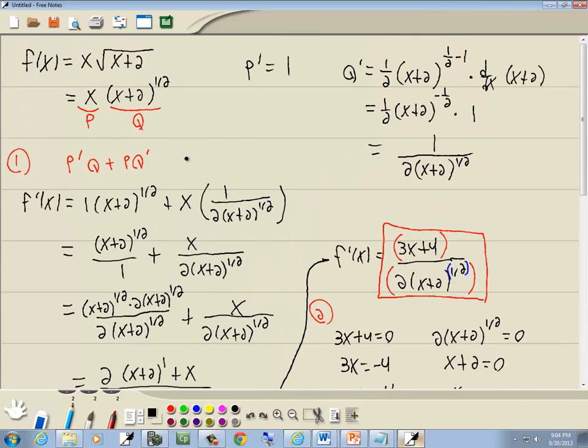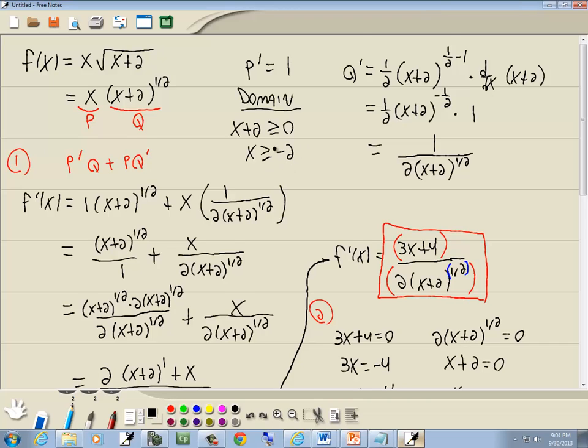Look at our original problem for the domain. I mentioned this in class, that if you plug in a value and get an error, that means that value isn't in your domain. If you got a radical with an even index, to find your domain, you take what's inside, set it greater than or equal to 0, and solve it, and you get x is greater than or equal to -2.